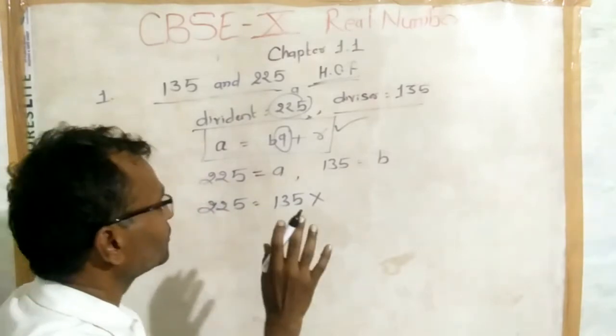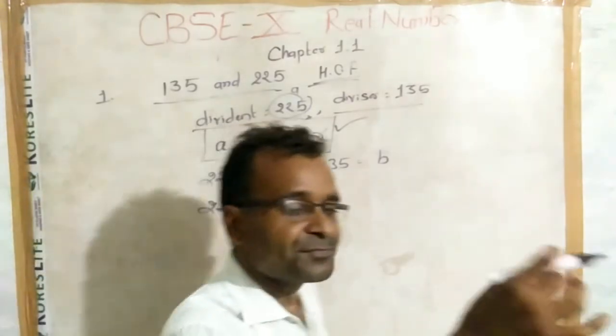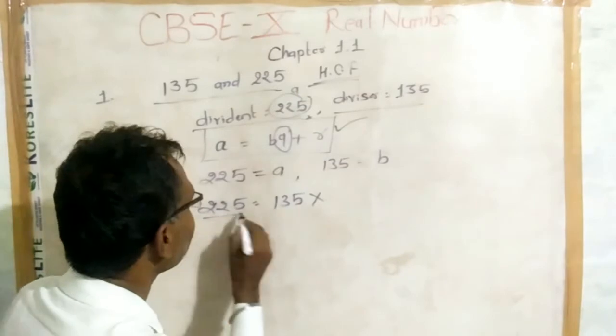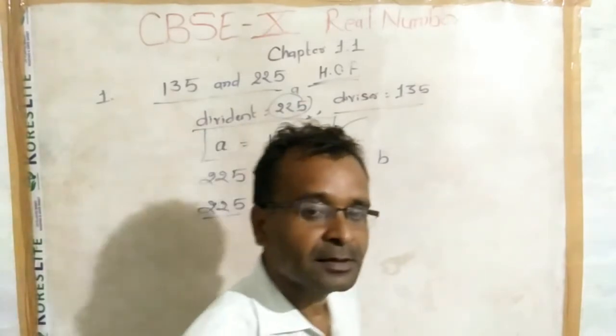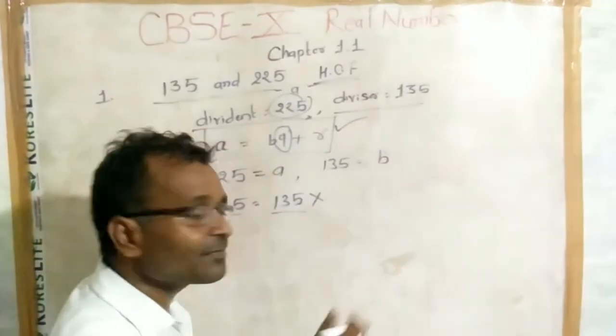When we divide 225 by 135, what quotient do we get?